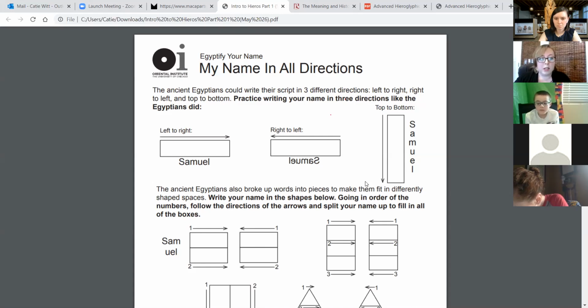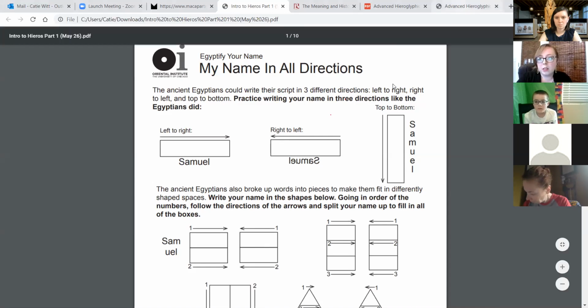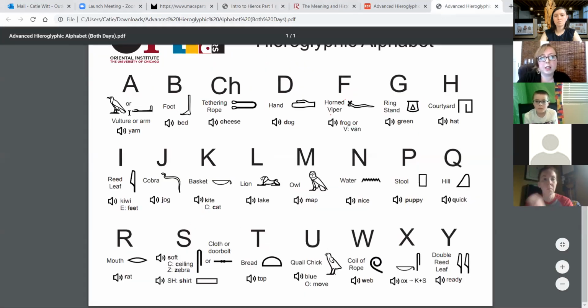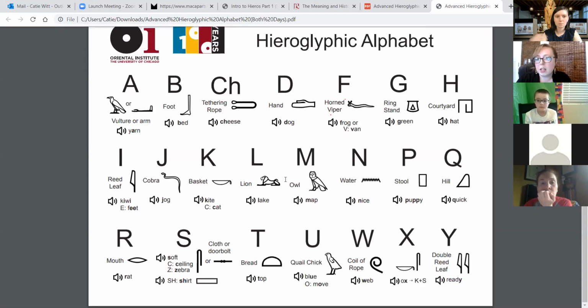They could write them left to right or right to left. The way that we always read hieroglyphs is, if you see a bird or some sort of animal, we read into the face of the animal. That's how we know which direction we're reading in.